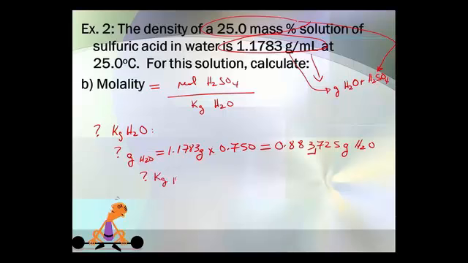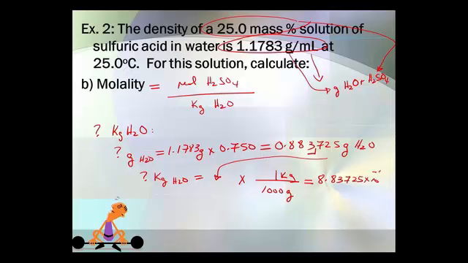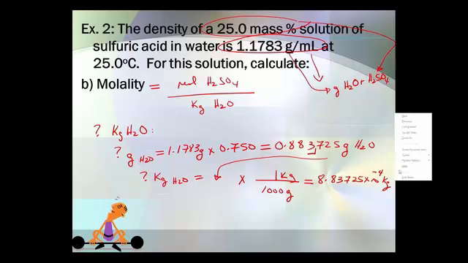Converting that to kilograms. Now backing up to substitute.